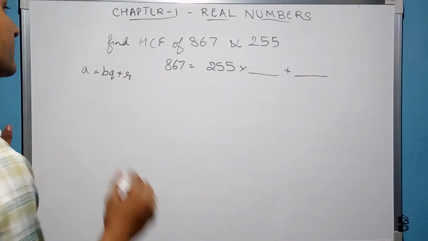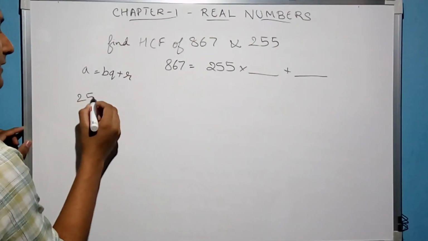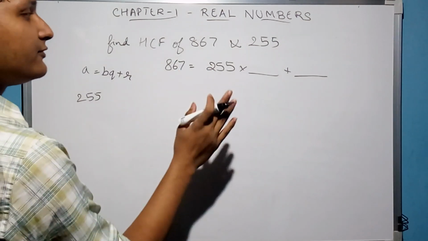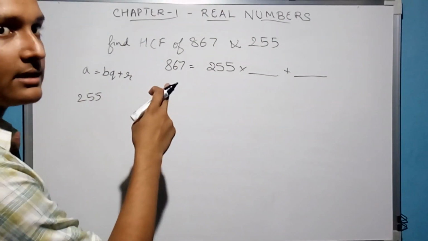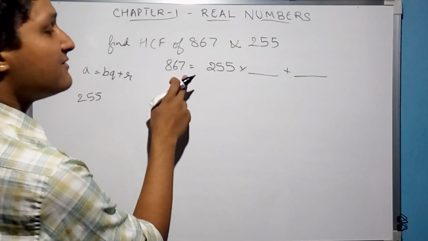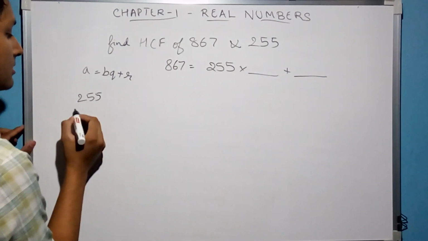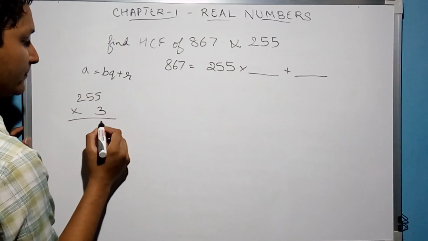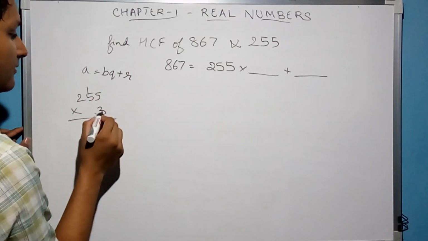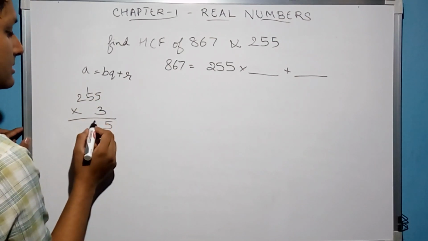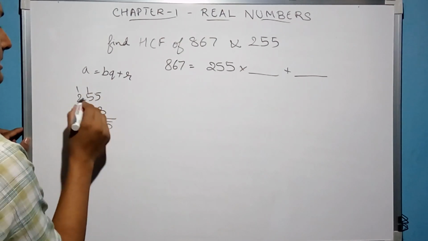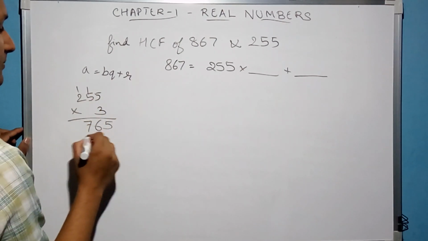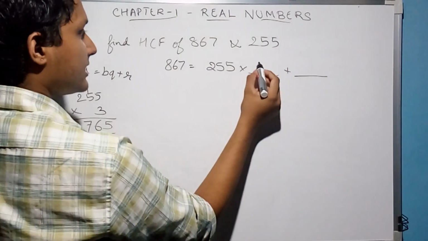That's a very big number, so I'm just trying to multiply it such that I get a number just less than 867. So 255 is approximately 250. 250 three times is 750. That is the nearest number that I get, which is less than or equal to 867. So I'm going to multiply by 3. 5 into 3 is 15, 5 into 3 is 15, 1 6, 6 plus 1 is 7, 765.